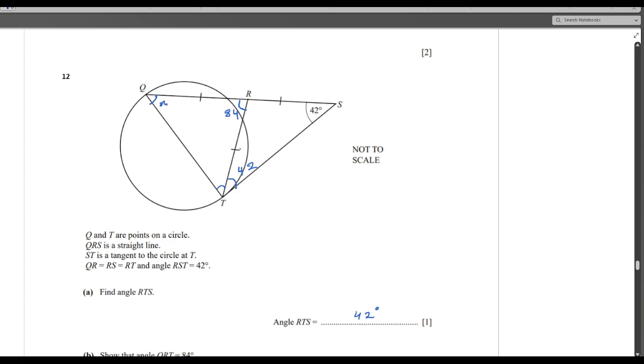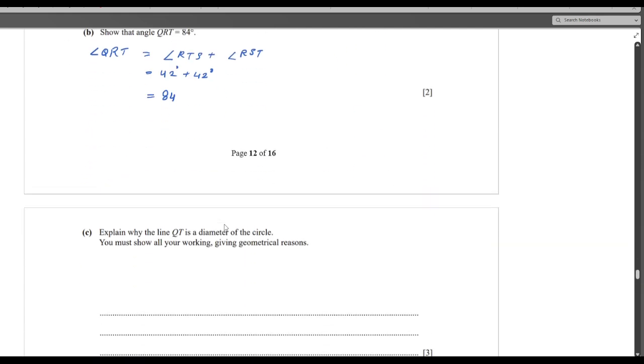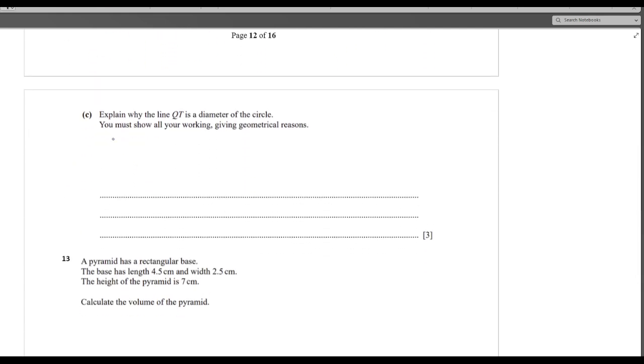Let us name this as x. So I have x plus x plus 84 is equal to 180 degrees, sum of angles of a triangle. So that gives you 2x equals 180 minus 84, divided by 2. Your x here is 48.